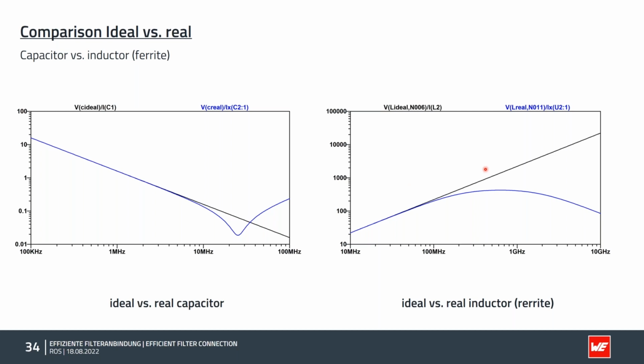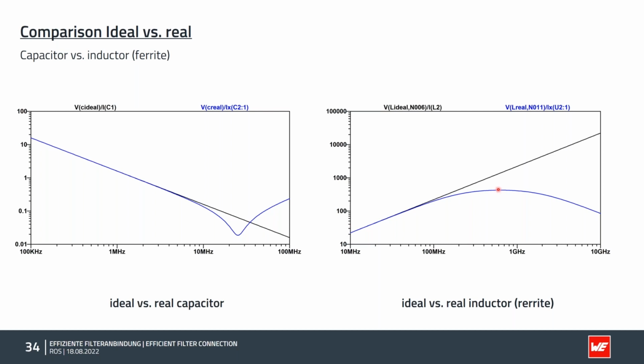The same we get for the ferrite. Also, the black line is the ideal ferrite simulation, but this is also not the truth. You must change to the blue line, and also here you can see you get an increasing value of the impedance up to a maximum.